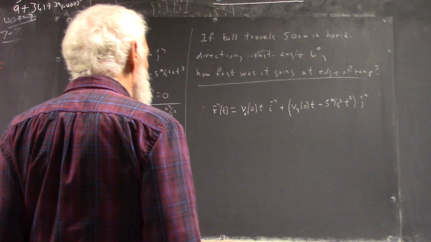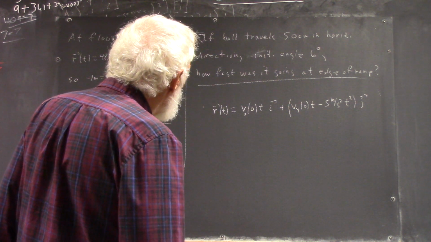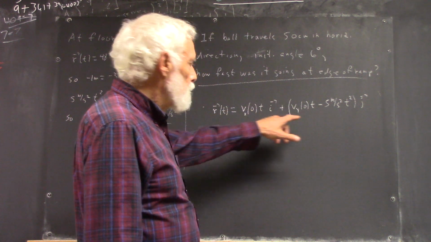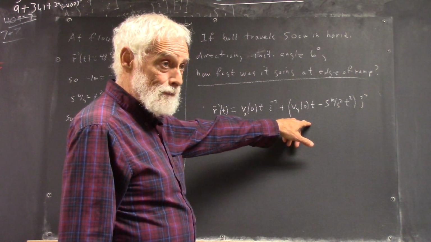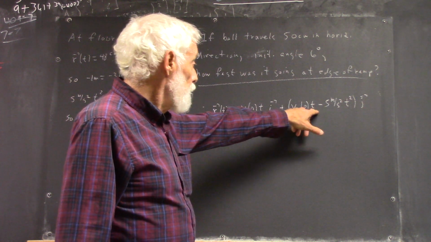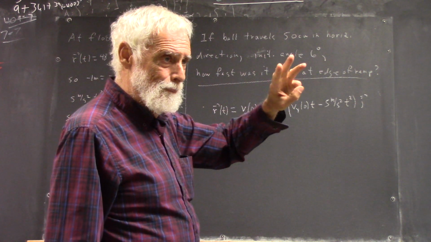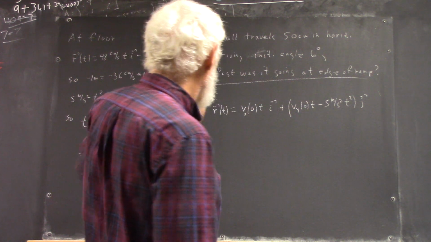Now, what you don't know is you don't know Vx or Vy, and you also don't know T. There's three things you don't know. And you've really only got two equations.